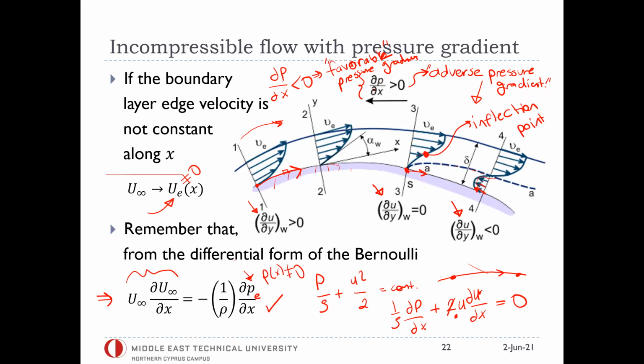In that case, if there's a favorable pressure gradient on a surface, separation is totally out of the question. There will not be any separation. Fluid particles probably will accelerate even more, so it's a much less problematic kind of distribution.